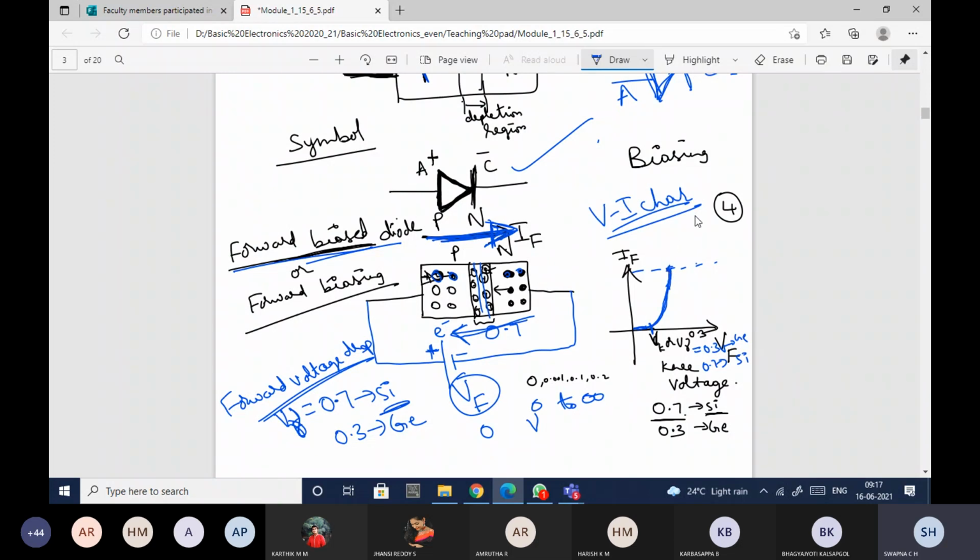The forward current is generally in milliamperes. The manufacturer will specify that the maximum current through the diode should not exceed a particular level, maybe 30 milliamperes or 100 milliamperes, some specified value based on the doping.